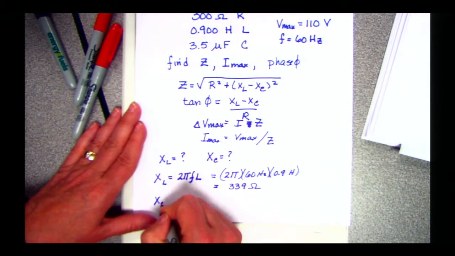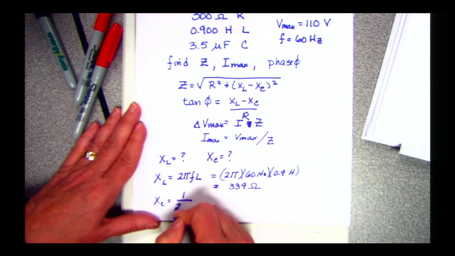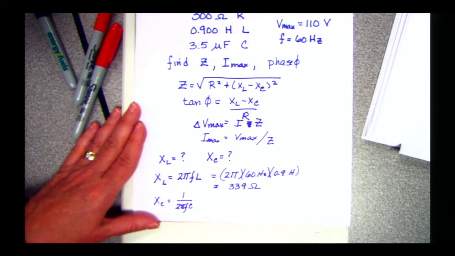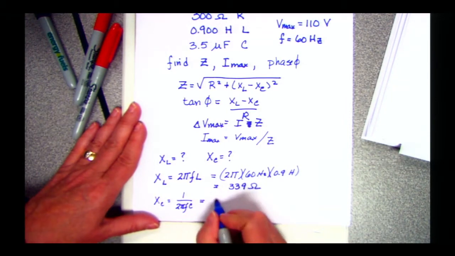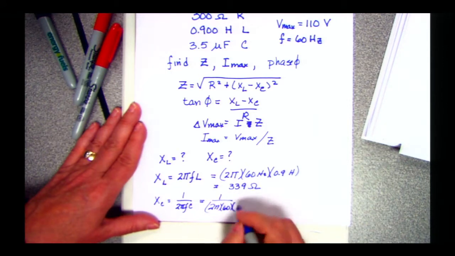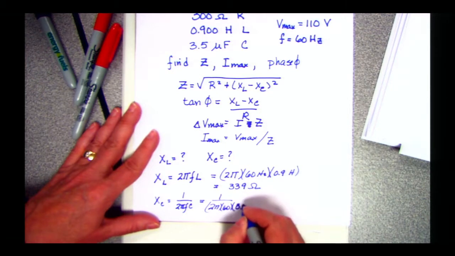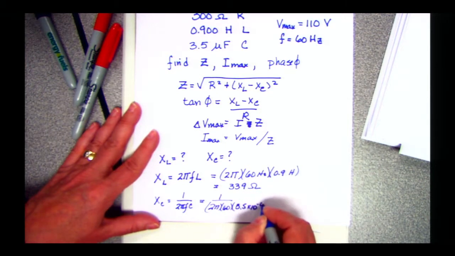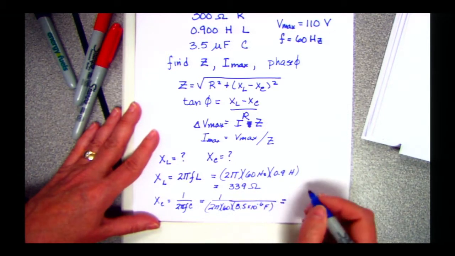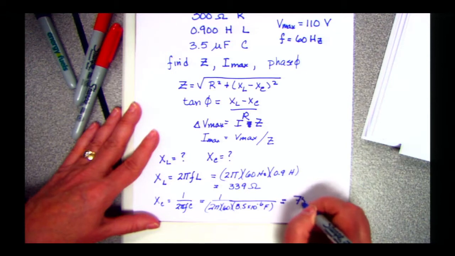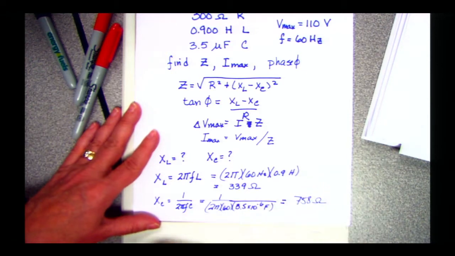My XC is going to be 1 over 2 pi times frequency times my capacitance. So I get 1 over 2 pi times 60 times the capacitance, which in this case was 3.5 times 10 to the minus 6 farads. If I plug that into the calculator, I get 758 ohms.